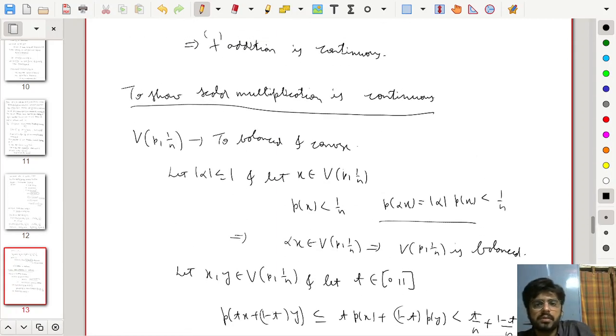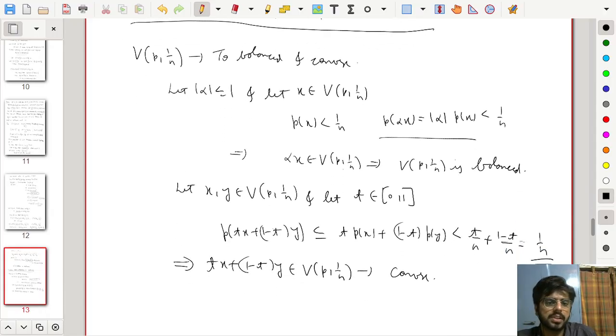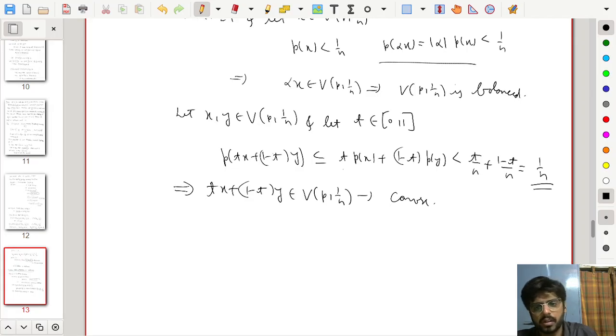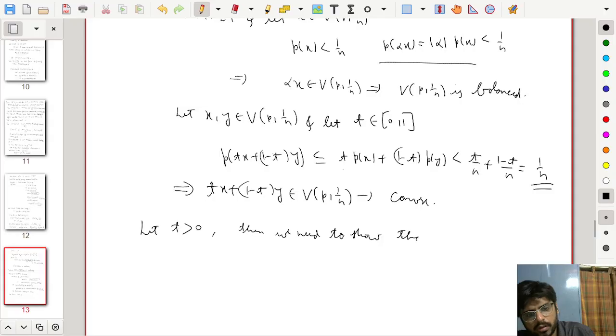One fact that we will need to show scalar multiplication is continuous is as follows. Let t be positive, then we need to show that t times V is open.